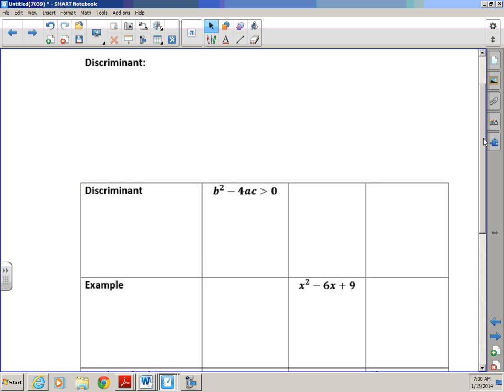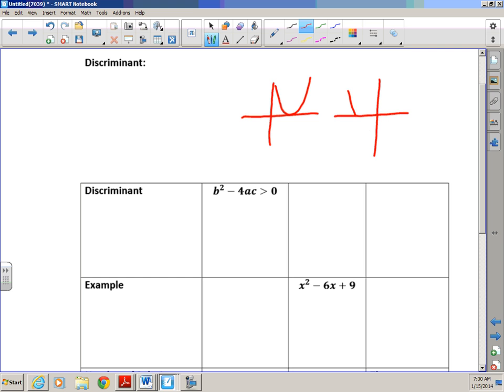And we saw this with graphing. One answer would be where it hits the x-axis at 1 point. Two answers is when it hits the x-axis at 2 points. And no answer would be when it does not hit the x-axis, so that there's no real number solution. The discriminant will allow us to figure that out.